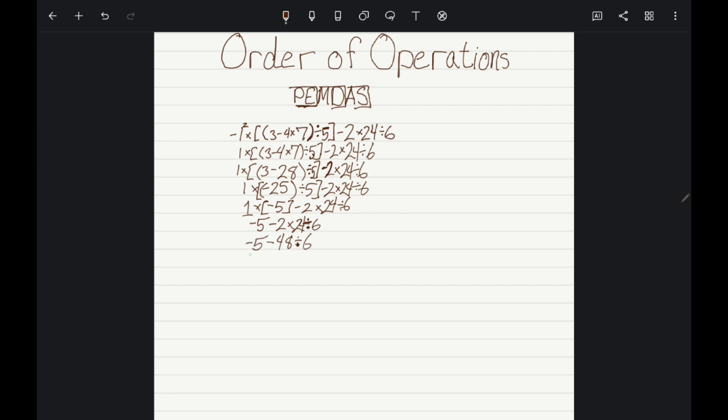Still keeping everything here, keeping everything tight. All right, 48 divided by 6 equals 8. And that's going to give us -5 minus 8. And -5 minus 8, you're going to take whatever is negative, and you're going to keep going down the negative line rabbit hole to give us -13.